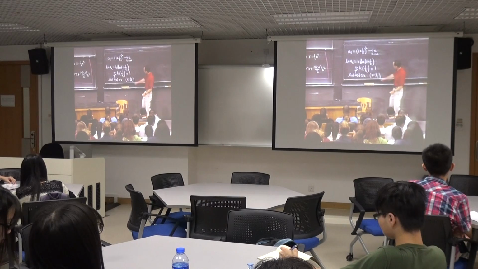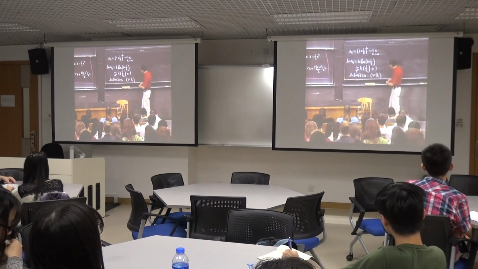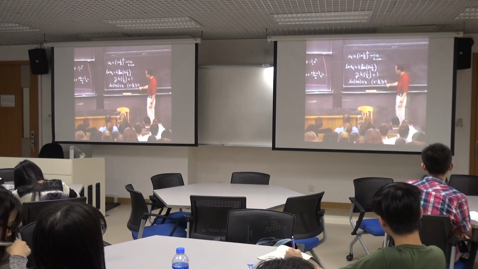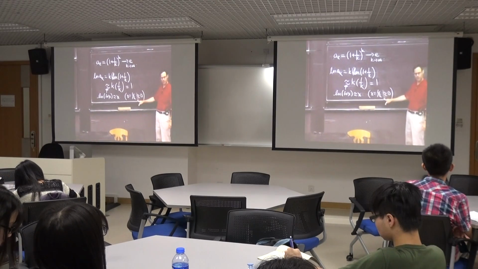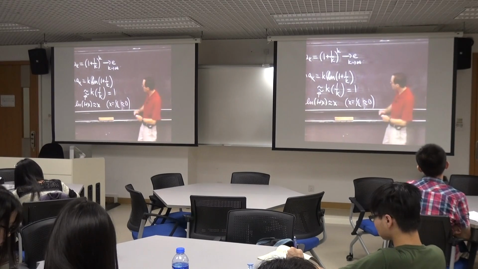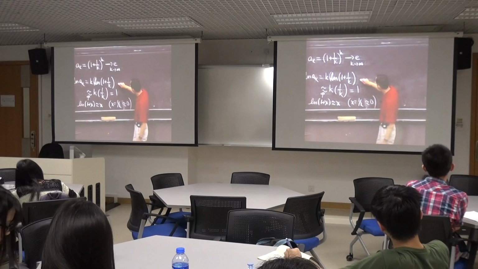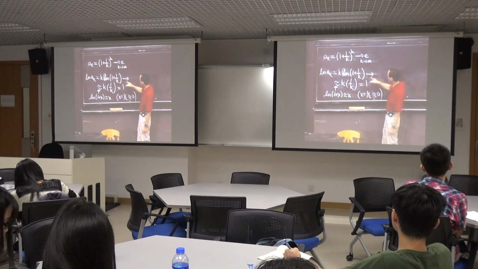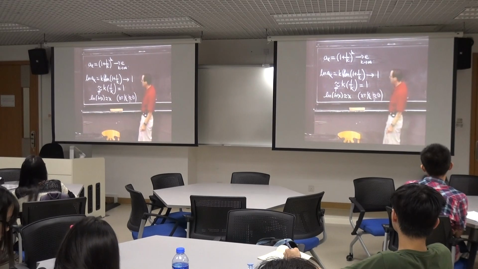Well, so where does this work? This works where this thing is near 0, which is when k is going to infinity. This is working only when k is going to infinity. So what this approximation is really saying is that as we go to infinity in k, this thing is going to 1.